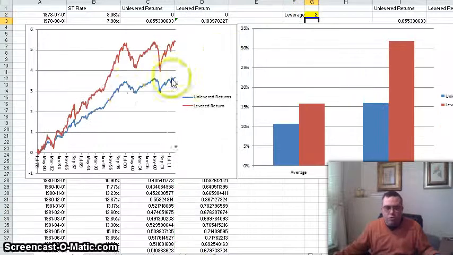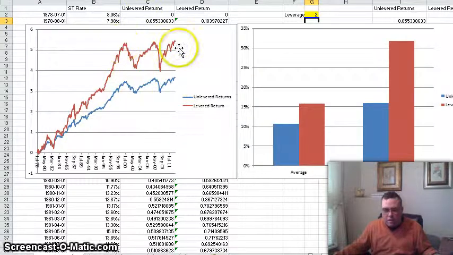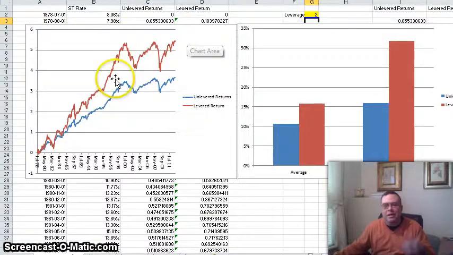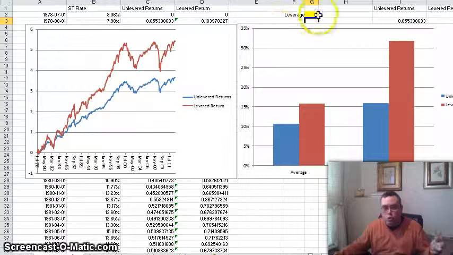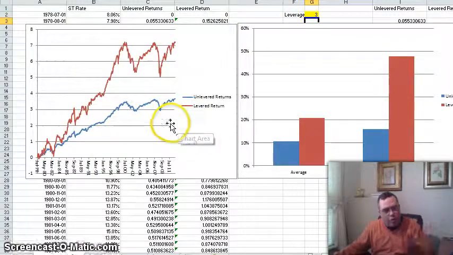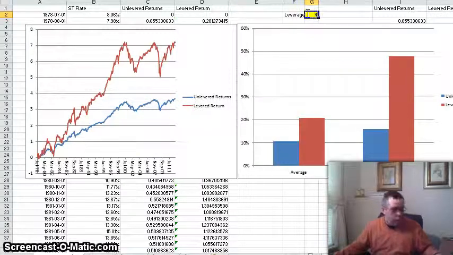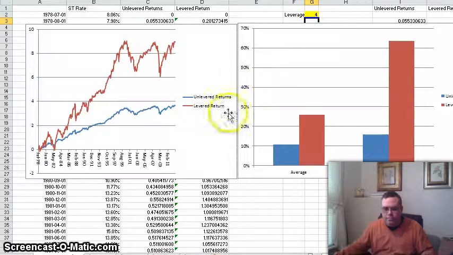But if I increase it to 2, the blue line again is our base case. That's no leverage. The red line gets more volatile, which means over the long run you make more, but in any given day you could lose more. If I go to 3, it gets even more volatile. You make more over the long run, but you could lose a lot in the short run. 4, even worse, and so forth.